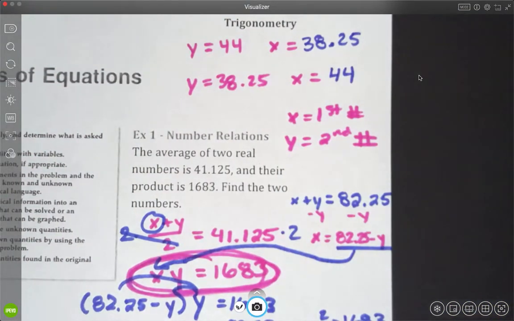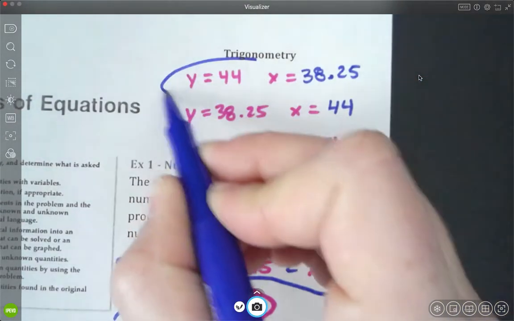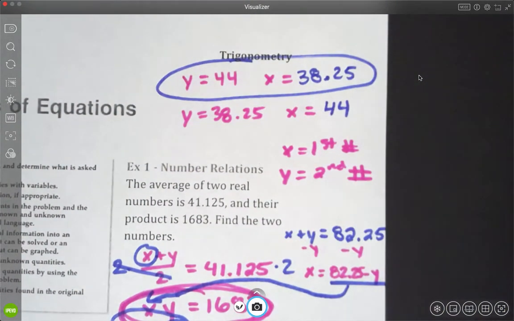So, does it matter which one we call x and which one we call y? No. Our two numbers have to be 44 and 38.25, yes? It doesn't matter which one's x and which one's y, right? Had these been two different combinations, we would have two different pairs of answers, right?